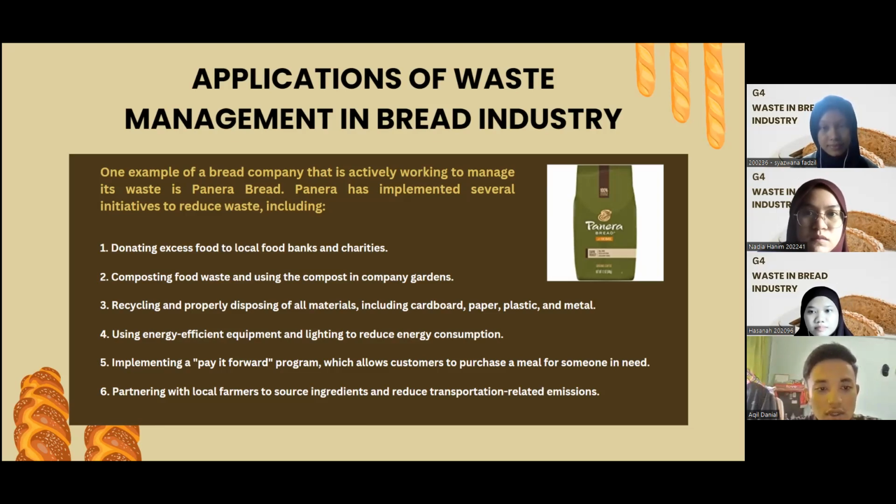The fourth one is using energy efficient equipment and lighting to reduce energy consumption. The fifth initiative is a pay it forward program, which allows customers to purchase a meal for someone in need. And the last initiative is partnering with local farmers to source ingredients and reduce transportation related emissions.